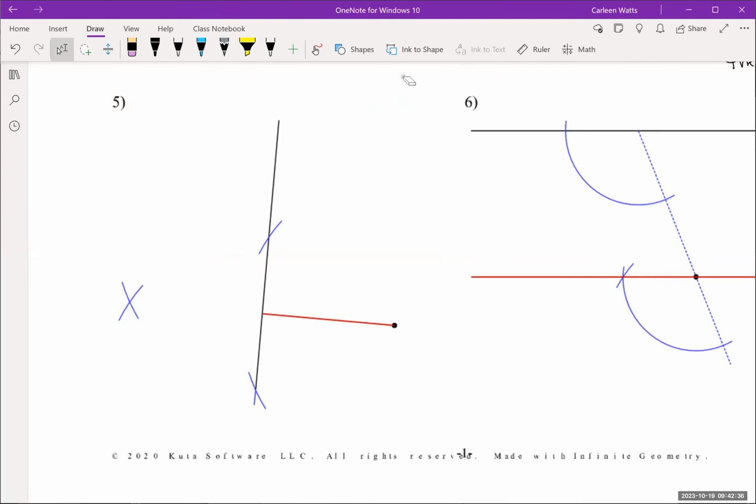Now, this one, that's super annoying because why is it slanted? Okay. Notice it's also a perpendicular. Now, perpendicular from a point.